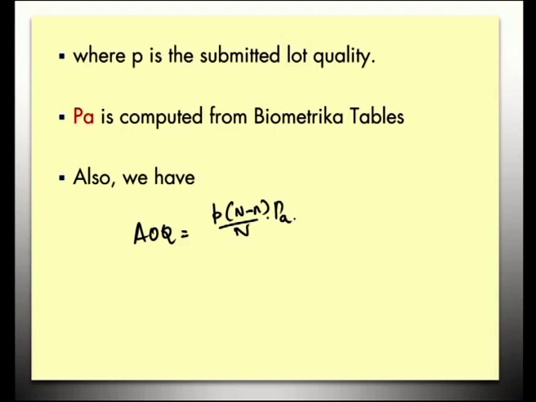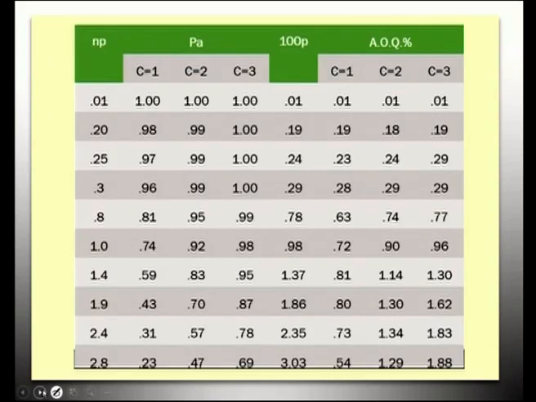Now, with these values we shall go ahead in calculating the ATI values from the table. So, NP is taken as 0.01, 0.20, 0.25 because n is equal to 100. We will take the values like this. 100 means 1, 2, 2.5, 3 like that we are taking.